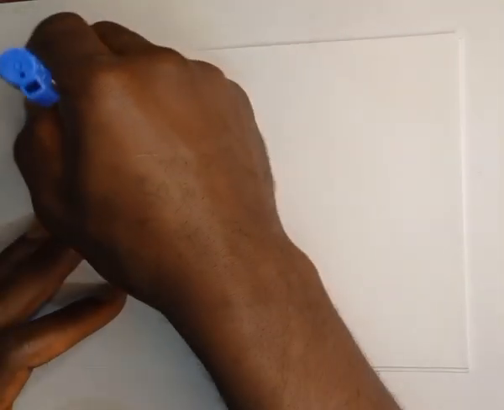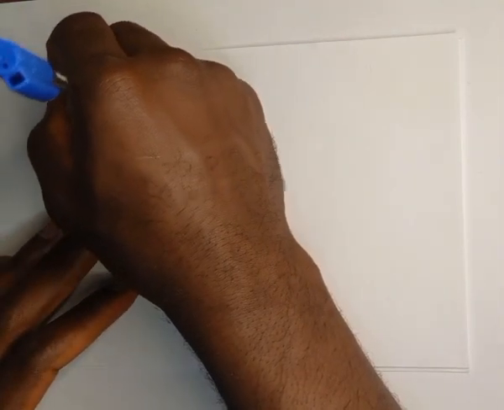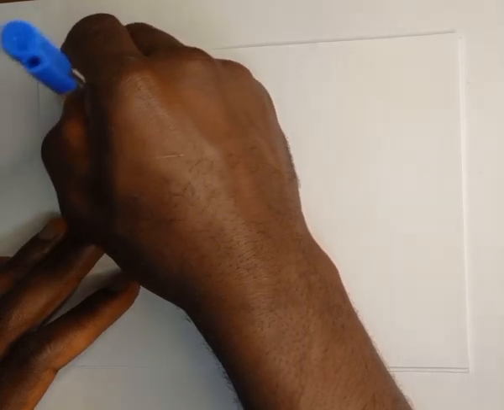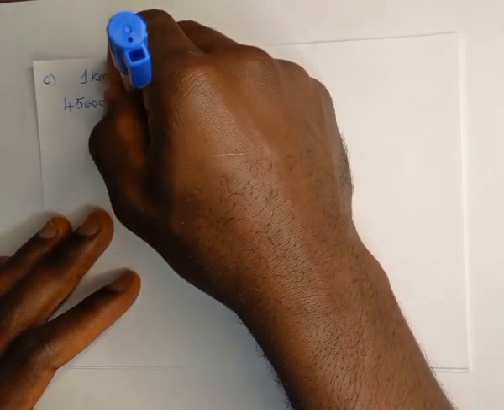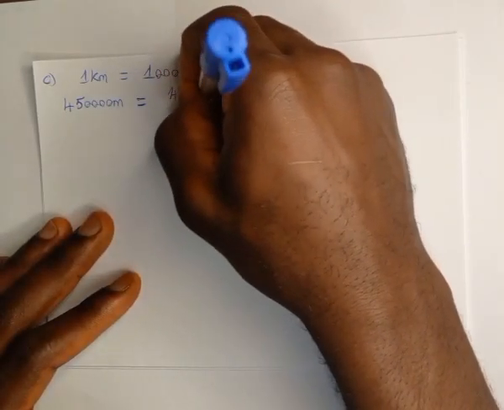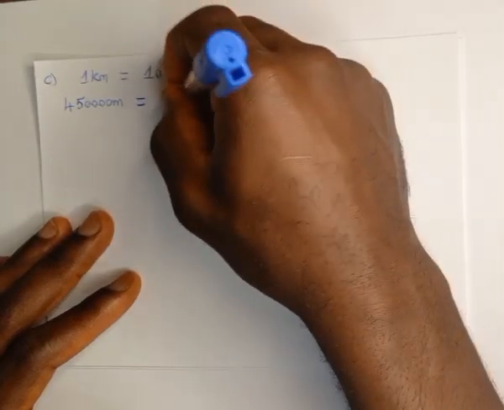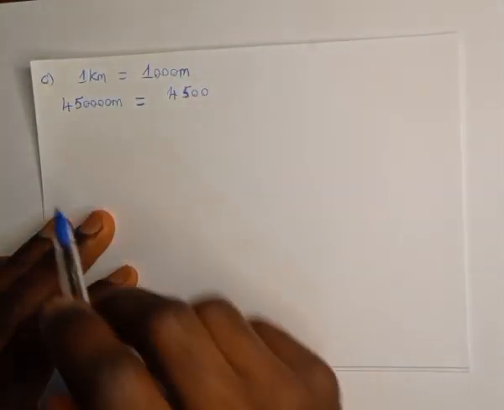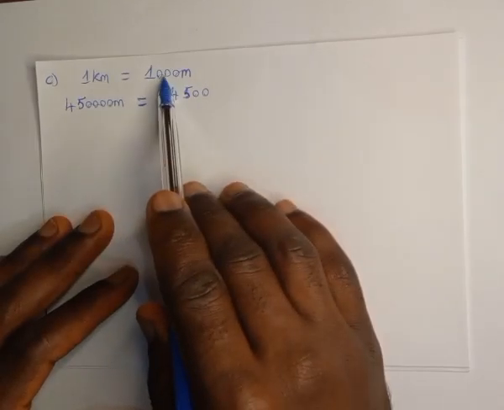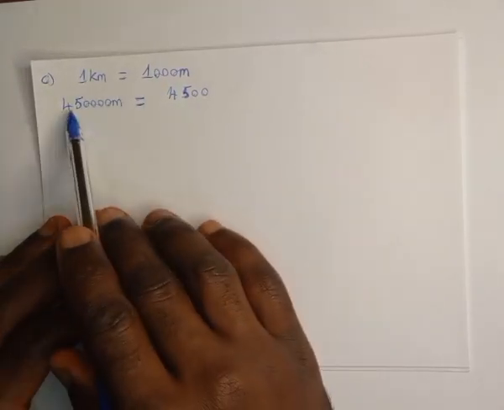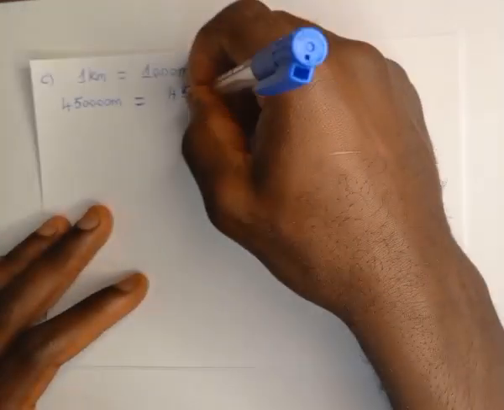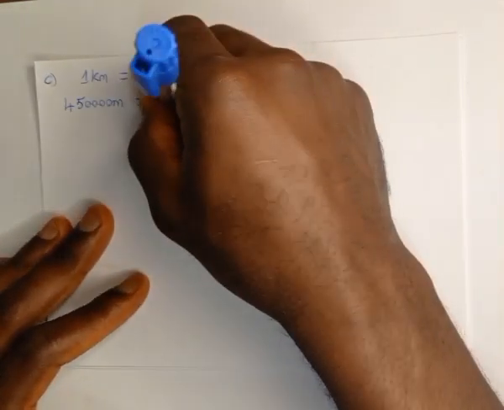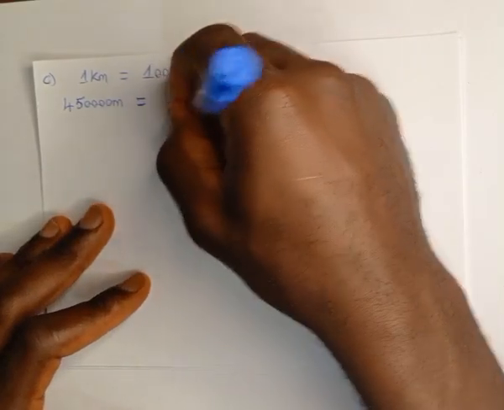Therefore, if we take 450,000 meters in kilometers, it will simply be equal to 450,000 divided by 1,000.